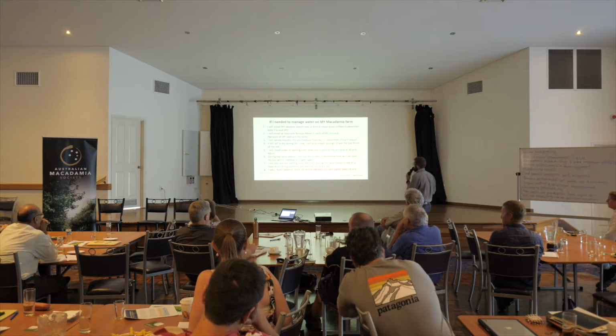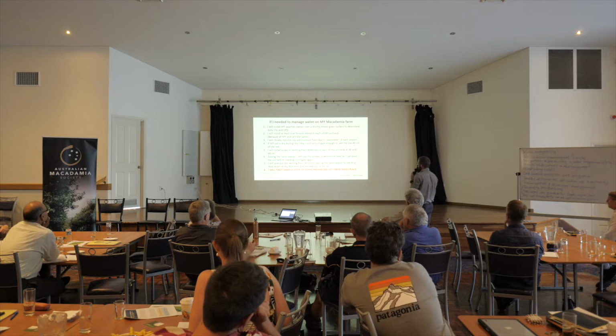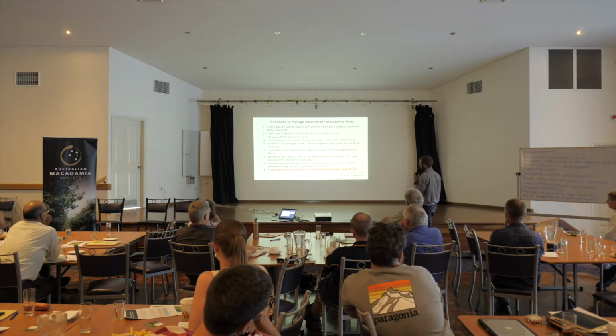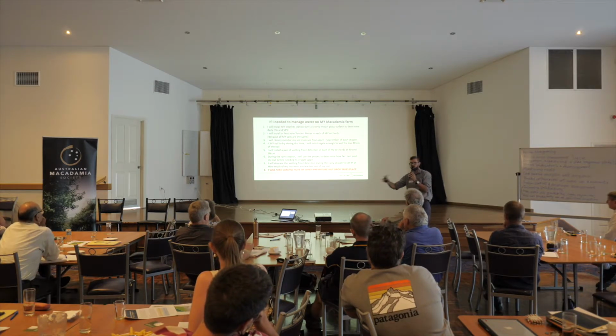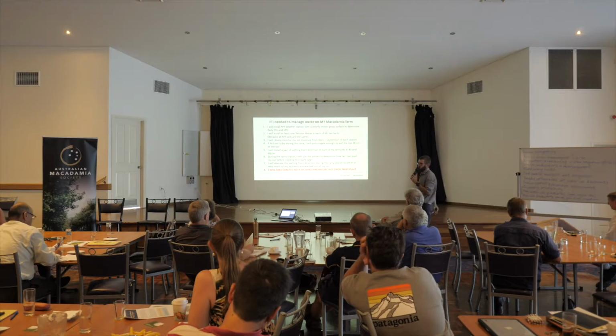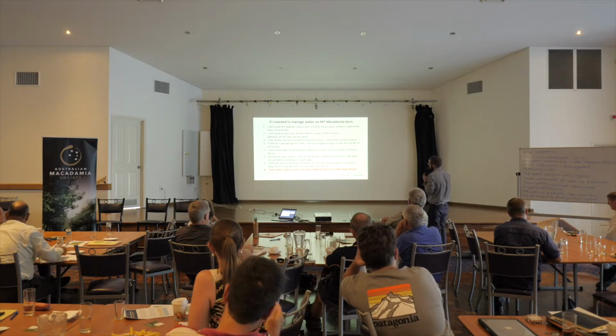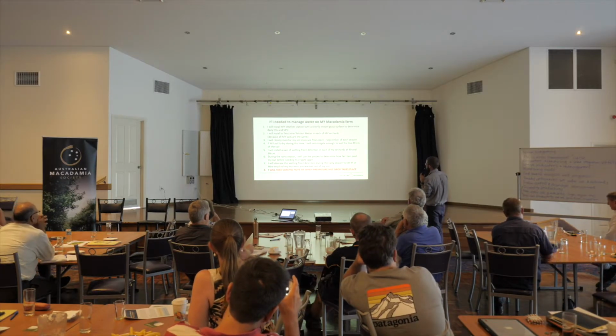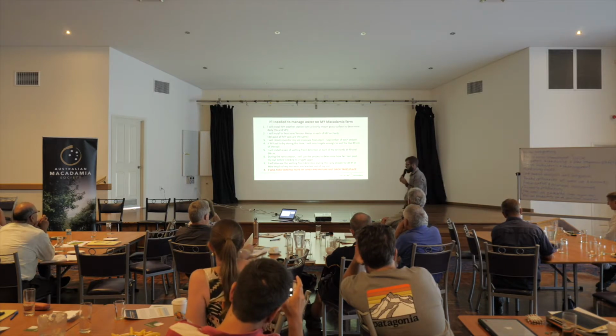All right. So basically, on my farm, I'll install a weather station over my shortly mown grass surface because I need the information. For the grass surface, it will give me a good indication to calculate my own daily evapotranspiration. And my weather station will do that. It's built in. You don't have to do a lot of calculations for that. And then I'll install one tensiometer in each of my orchards.